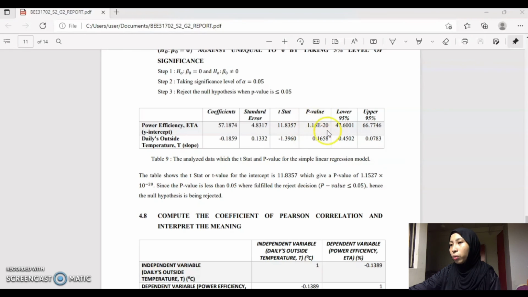Since the p-value is less than 0.05, we fulfill the rejection condition, as the p-value must be less than or equal to 0.05. So the null hypothesis is rejected.